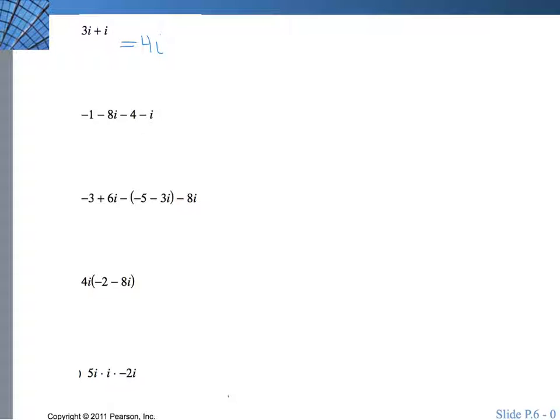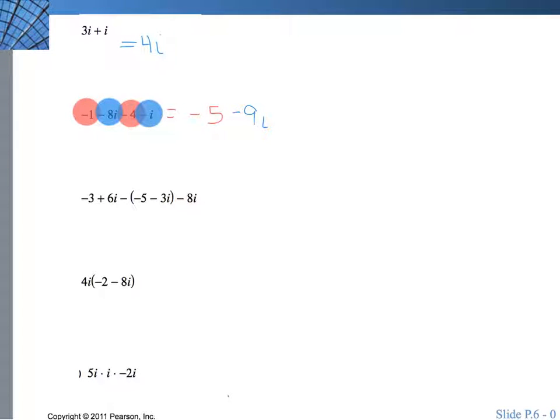So if I group together my real parts, that'd be the -1 and the -4. That leaves me with -5. And I group together the imaginary parts, -8i and -i. That leaves me with -9i. So in standard form, I get -5 minus 9i.